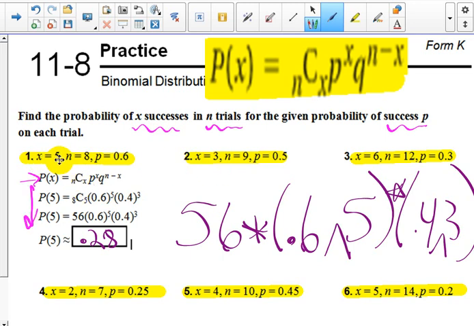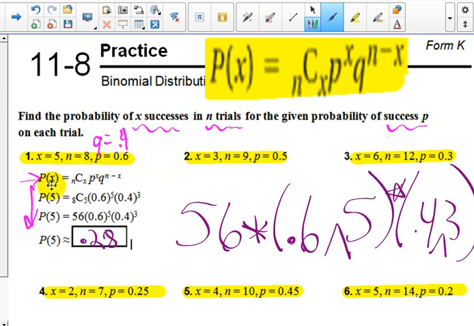They say X is equal to 5, N equal 8, P is 0.6. So what's Q? If P is 0.6, what is Q? Do 1 minus 0.6. What do you get? 0.4. There you go. Remember, P plus Q equals 1.